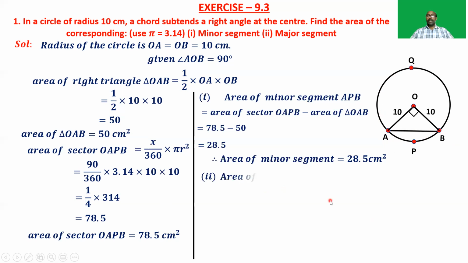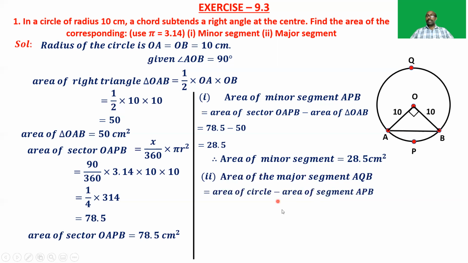Okay, so area of major segment AQB is equal to area of circle minus area of segment APB. So we have area of circle is pi r square and area of segment APB is, sorry, 28.5.